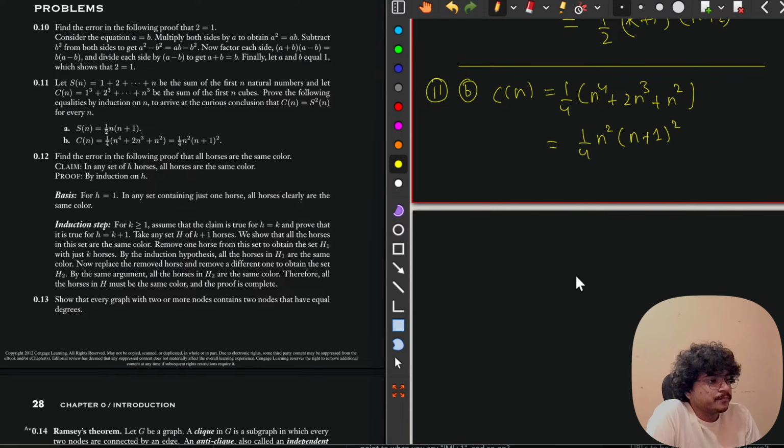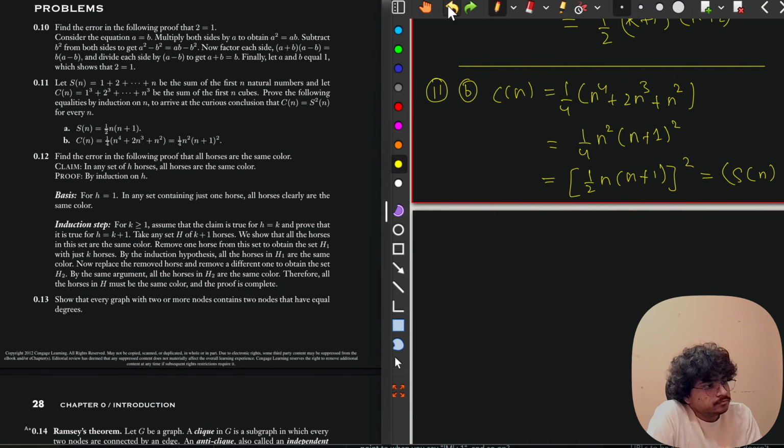If you see this, it is equal to half n plus 1 whole squared, which is eventually S(n) squared. How to arrive at this conclusion?